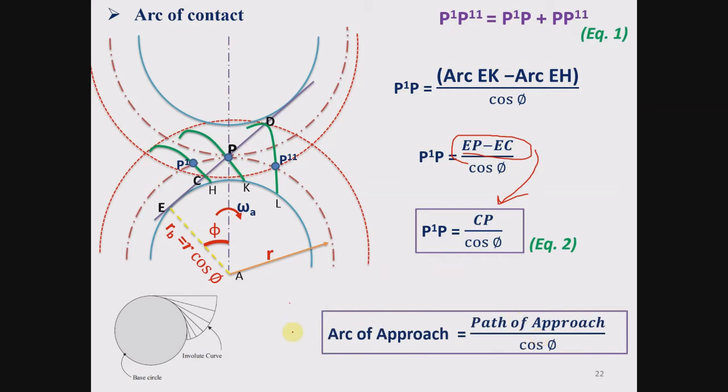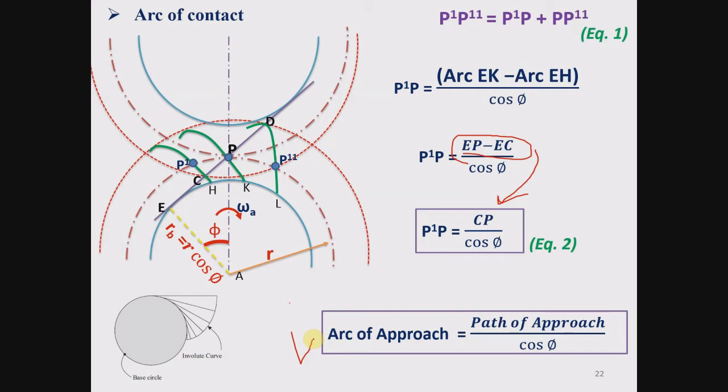So all of you write this: arc of approach is equal to path of approach upon cos of phi, and you will remember this relation. I think we have done this in the last lecture. I have revised it again.